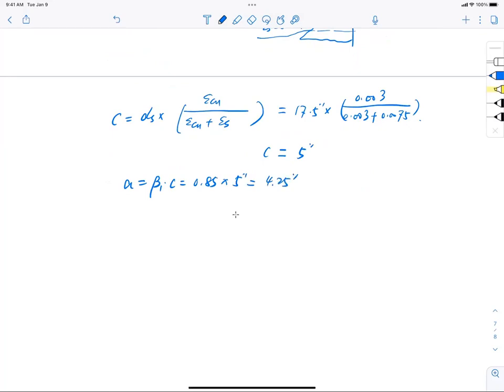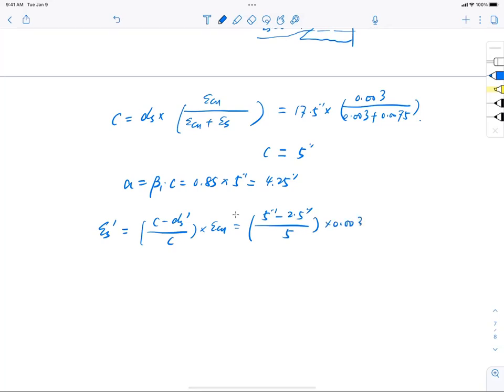All right, so quickly I get my compression strain epsilon s prime equal to c minus ds prime, divided by c, multiplied by epsilon cu, and that is 5 inch minus 2.5 divided by 5, multiplied by 0.003. And have this number to be what? Well, let's take a look.